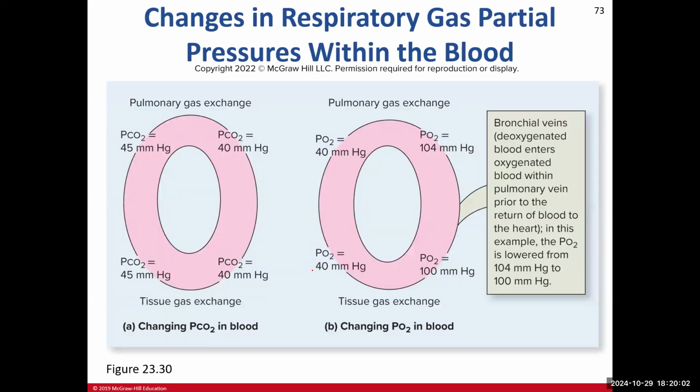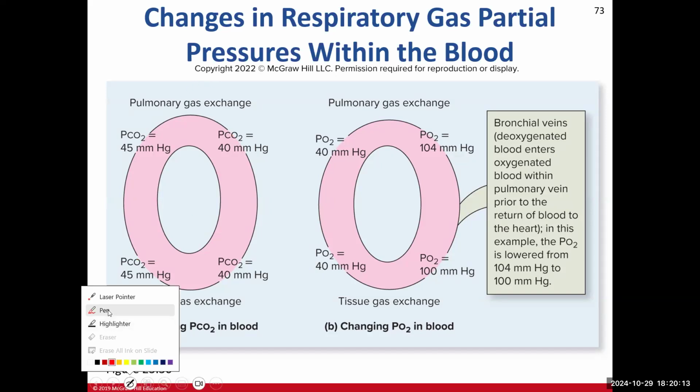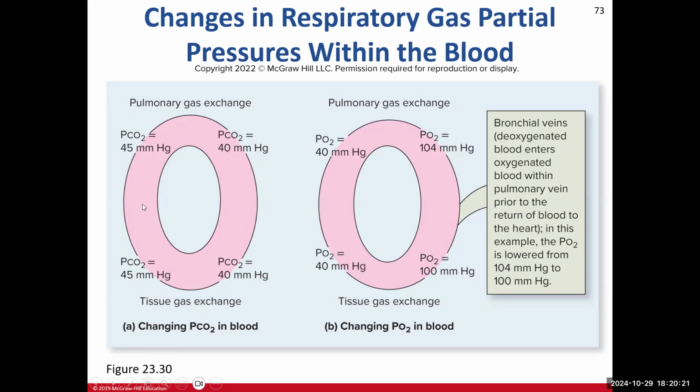And that's what these loops are showing you. We have our pulmonary gas exchange, which is what's going on up here in the lungs, and tissue gas exchange, which is what's happening in the tissue. As the systemic blood is returning back to the lungs, we have 45 millimeters of mercury partial pressure of carbon dioxide.